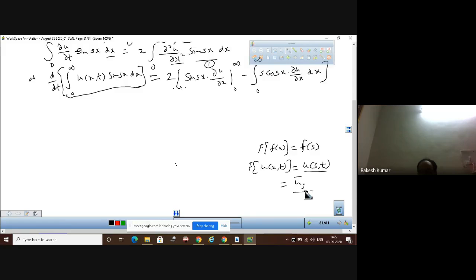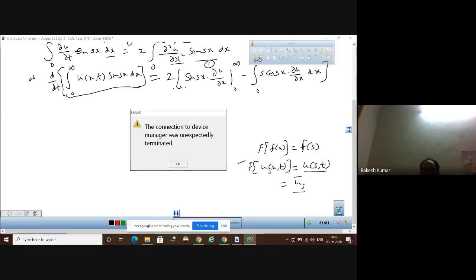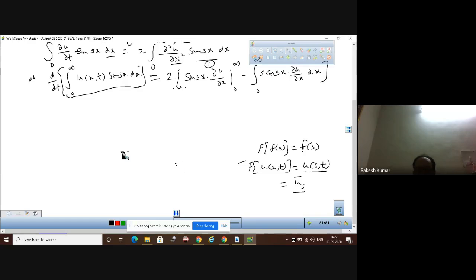This is the meaning of u bar s, the Fourier transform of u(x,t).